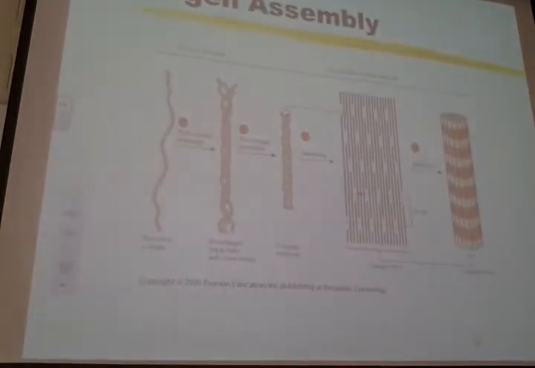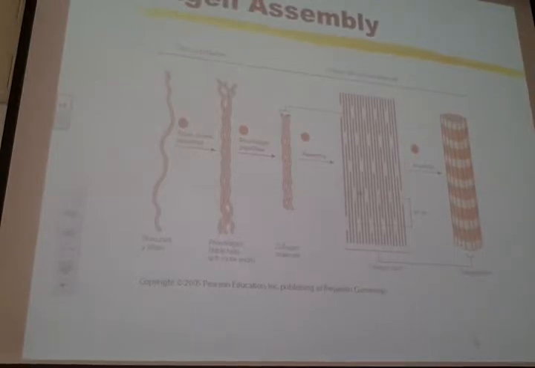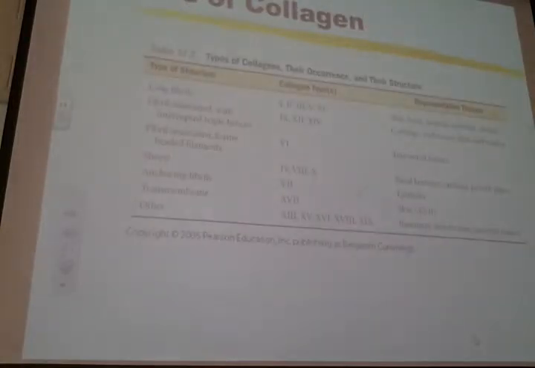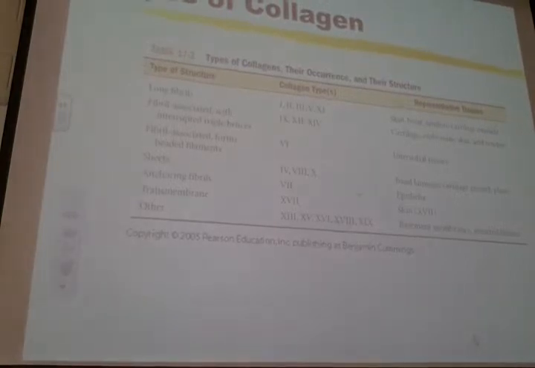So this gives you another view of how this is put together. So here's the single chain. 3 of them get together into a triple helix. A bunch of those get together into a fibril. A bunch of fibrils get together to make a fiber. So again, it keeps getting thicker and thicker as we do it. And there are a number of different kinds of collagens, as you can see here, that are typically tissue-specific.